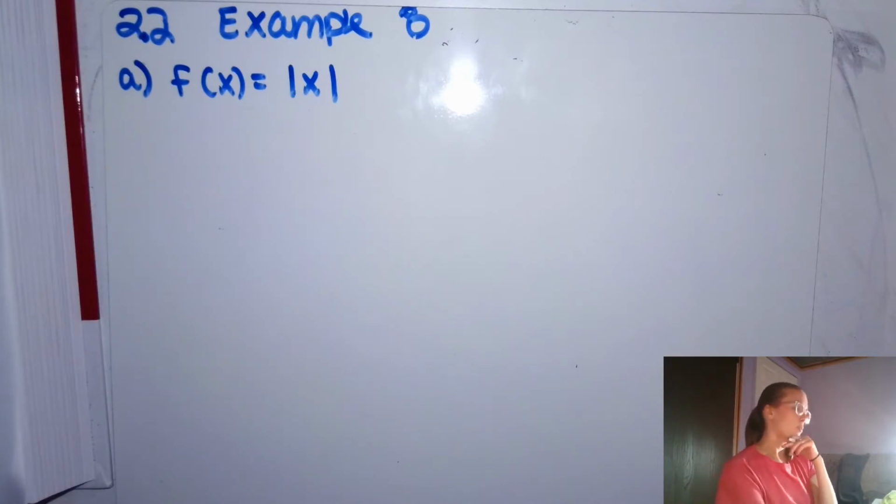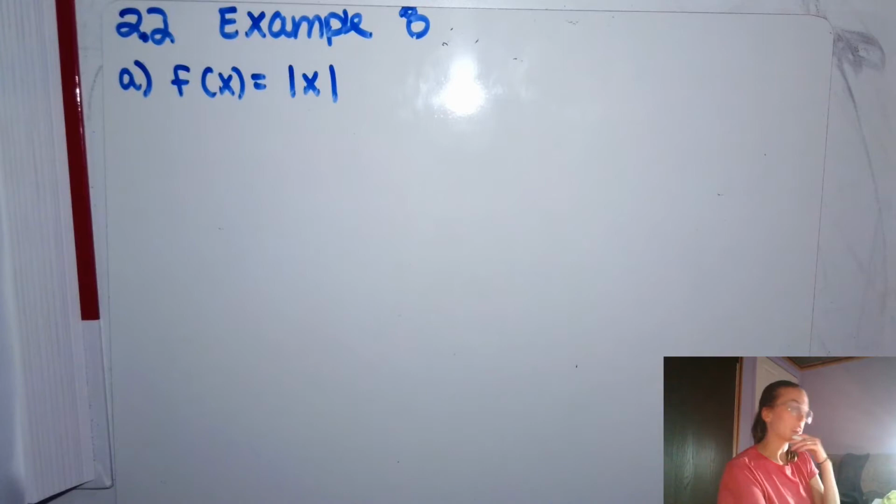So let's think about the absolute value of x. Are there any numbers for which, when you plug in the number, you don't get a valid output for the absolute value of that number? Well, actually, no. You can plug in negative 1,000, you could plug in 1,000, and you'll get a valid result.